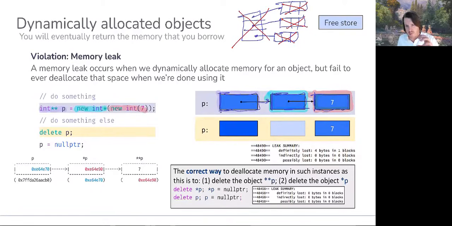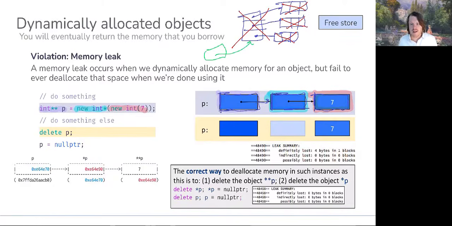This is all that the example on the slide here is showing. We have something on the stack which would point into our two-dimensional array, and then we have these dynamically allocated objects, so that would be this light blue, and then the rows are in red.